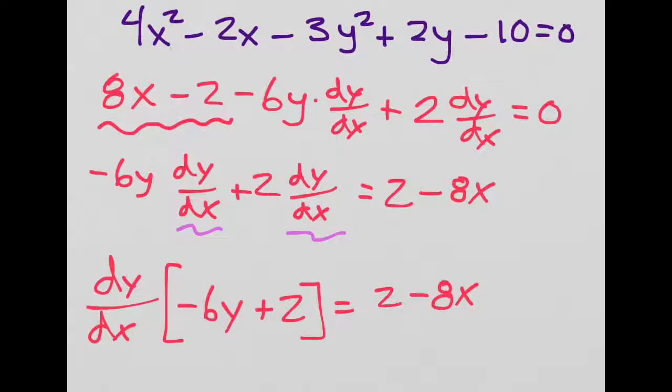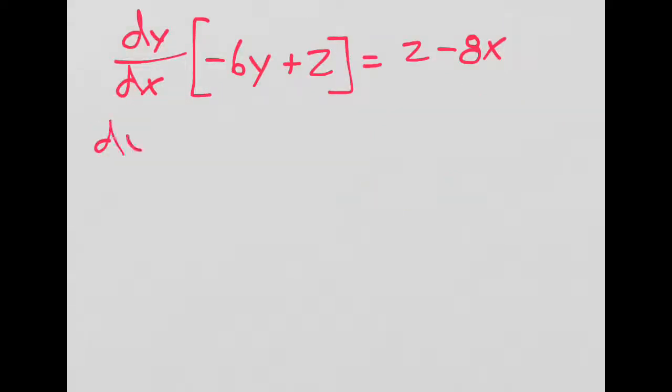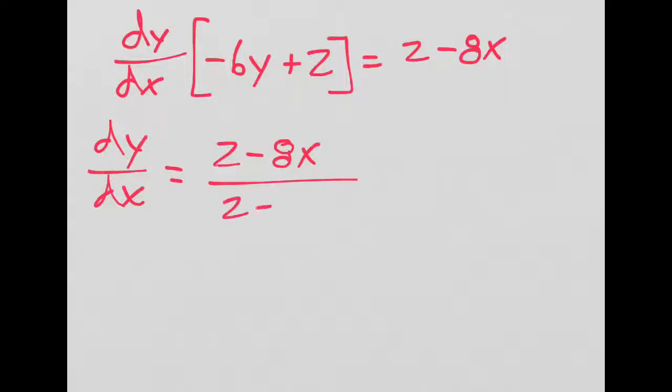So the last step to get dy/dx by itself is divide by that entire expression, negative 6y plus 2. And so I'm going to do that. I'm literally going to write dy/dx equals 2 minus 8x over 2 minus 6y. I rearranged that a little bit to make it look a little nicer, but that's it. And we can simplify this a little bit. All of these have multiples of 2 that we could divide out.